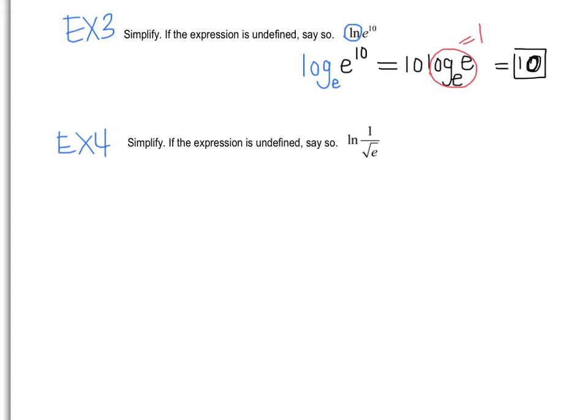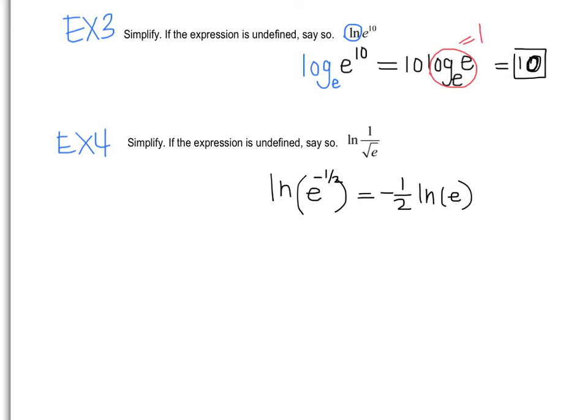Same directions in this example, we're just going to simplify. So first, you might choose to rewrite 1 over the square root of e as just e to the negative 1/2. Remember, the square root is the 1/2 power, and if it's on the bottom, you can move it to the top and make it negative. Now here again, you can apply that exponent rule and rewrite this as negative 1/2 ln of e.